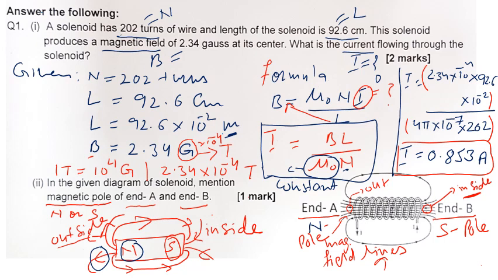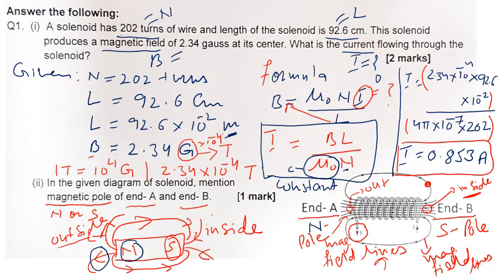But particularly in this question, there are two methods you can use to answer which end of this solenoid is the north pole and which end is the south pole. One is if the magnetic field lines are given. On the basis of the direction of these magnetic field lines, you can give the answer. But sometimes the magnetic field lines are not given, only the direction of the current.